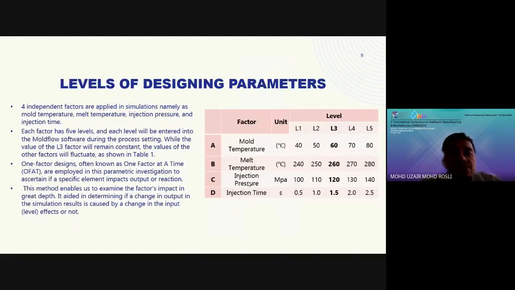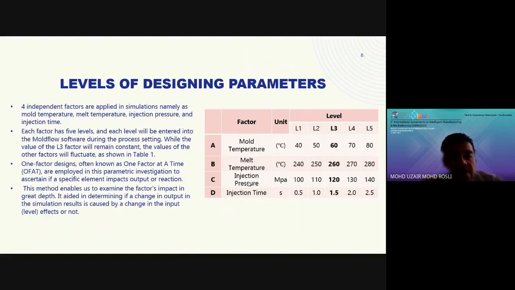Then we move to the levels of the design parameters. There are four independent parameters that are applied in the simulation, namely mold temperature, melt temperature, injection pressure, and injection time. Each factor has five levels, and each level will be entered into the Moldflow software during the process setting.